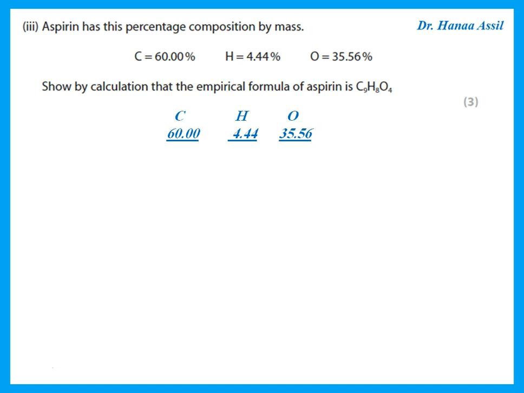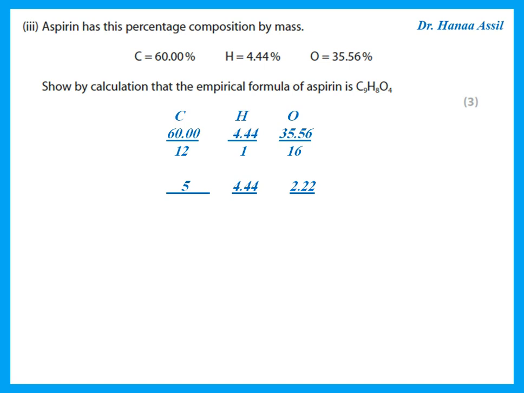What's the first step? Divide by the mass number. So carbon has a mass number of 12 from the periodic table. It is the big number from the periodic table. So you divide the 60 by 12, the hydrogen by 1, the oxygen by 16, and you get certain numbers. Now, what's the next step?